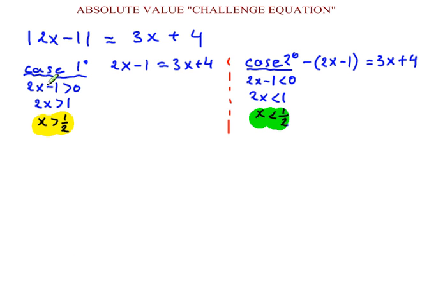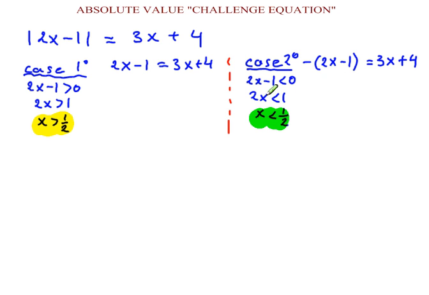So, case number one, when 2x minus 1, the expression inside, is positive, we just drop the absolute value symbol and proceed with the equation. Case number two, when the expression inside the absolute value is less than 0, is negative, then the domain for that is x is less than half, and you have to drop the absolute value and assign a negative symbol in front of that entire expression.